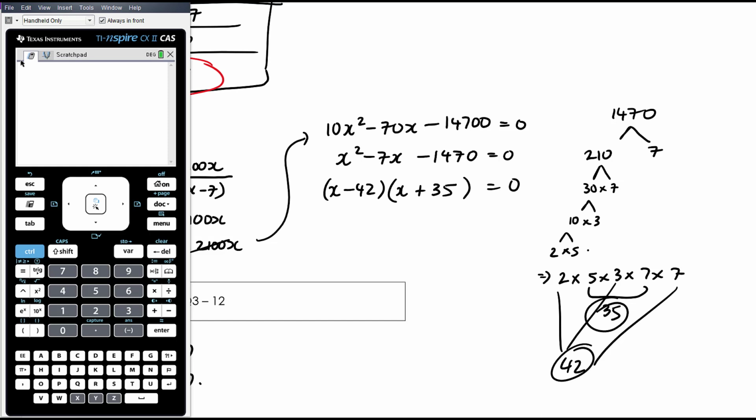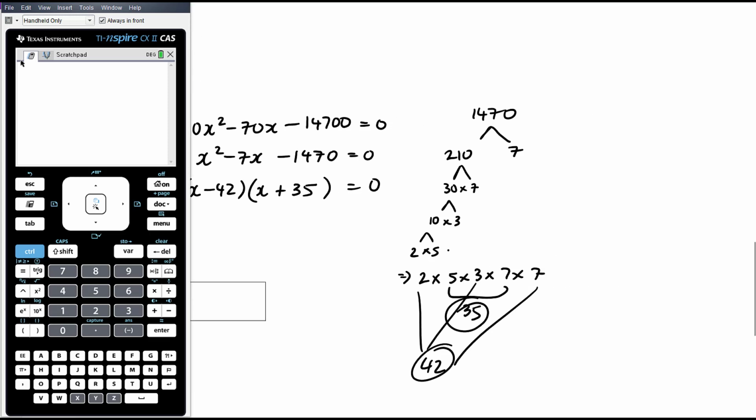You can either break it fully down into the prime factorization and then look at grouping those together until you get two numbers that work, or you could have gone from the 1470, 210 and 7 and said, okay, well, if I divide this number by 3, that gives me 70, times this by 3, it's 70 times 21. If I then divide this by 2, that's 35, times this by 2, that's 42.